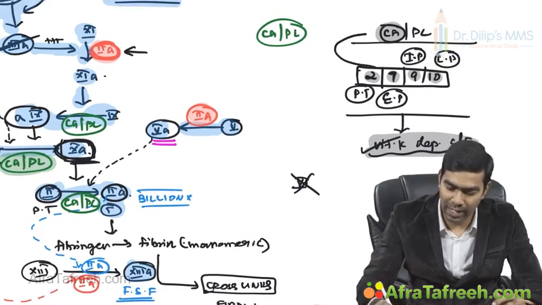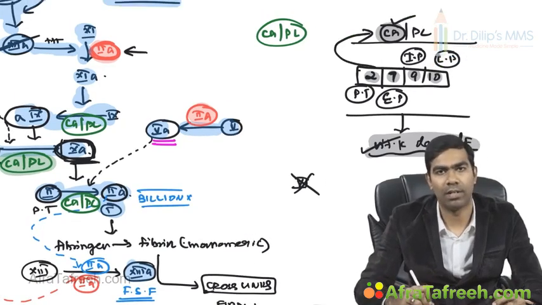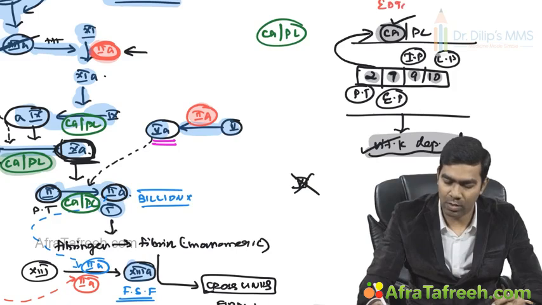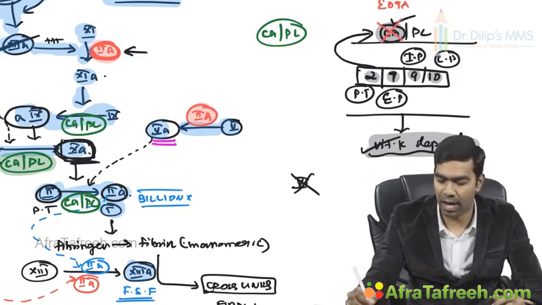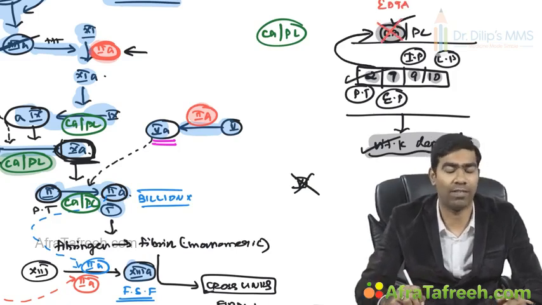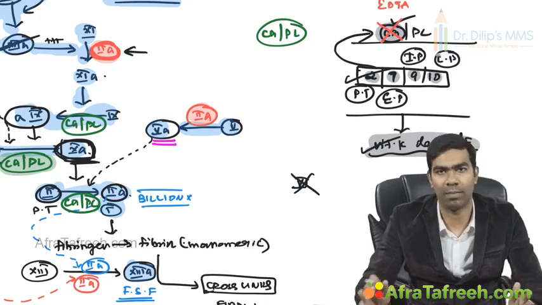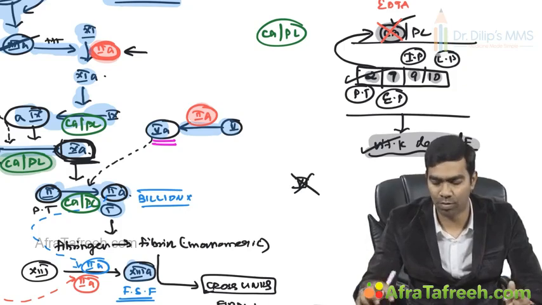For proper activation of these clotting factors, you need calcium and phospholipids. That is how EDTA chelates the calcium in the blood and makes it unavailable for 2, 7, 9, 10, which means these factors will not work and the blood will remain in a fluid state. It won't get coagulated. That's how EDTA works.